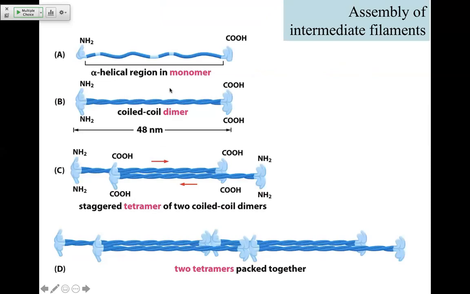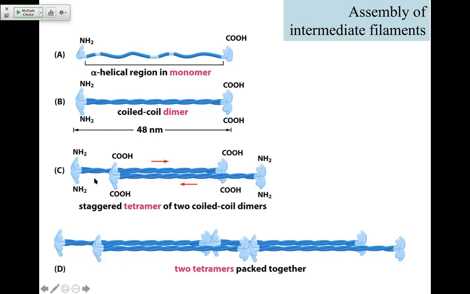What we'll see is that the subunits will assemble in a particular way. We have one monomer, we have our rod-like alpha helical region that will assemble with another monomer to form what we call a coiled dimer. Right? They'll coil around each other. Those dimers will then assemble together to form a tetramer.